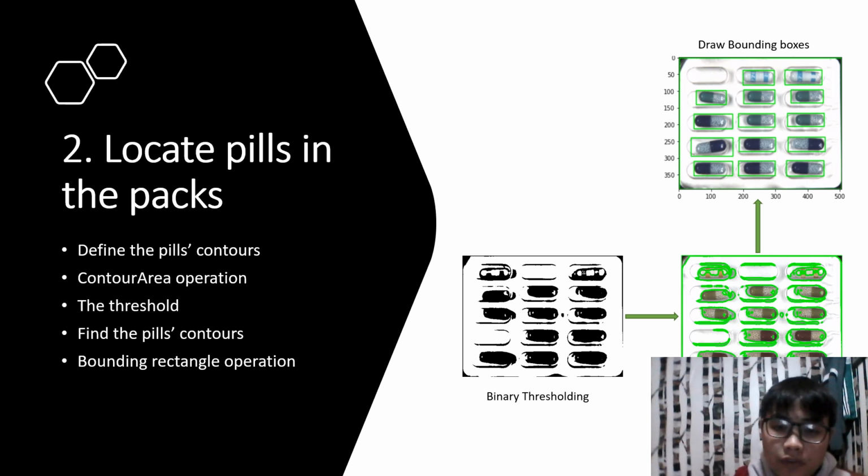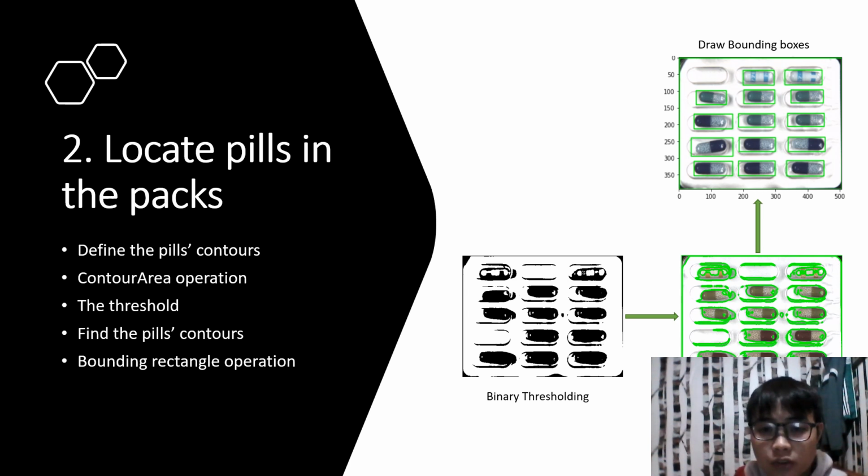So we find the areas of the fields, and we calculate the contour areas by using the contour area operation, and we set a threshold greater than 1,000 and less than 1,500. It is a field, or it's not a field. So we find the contours in here.